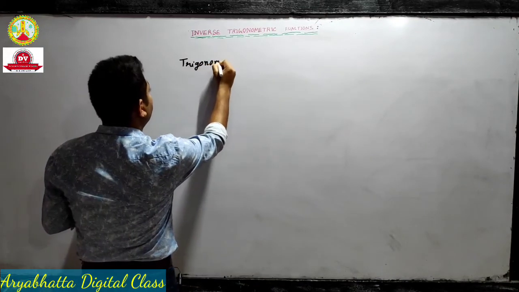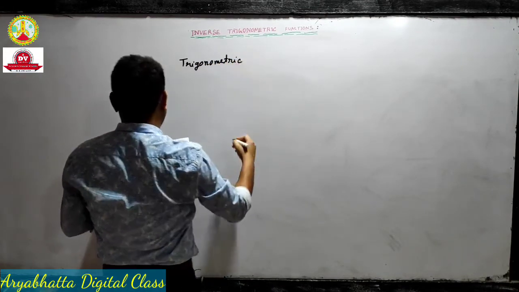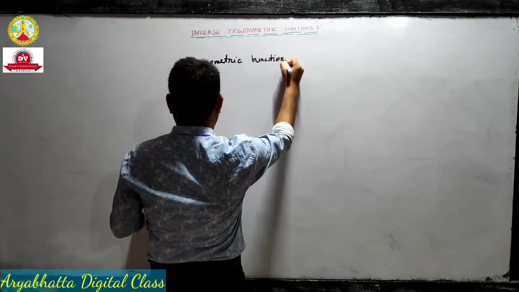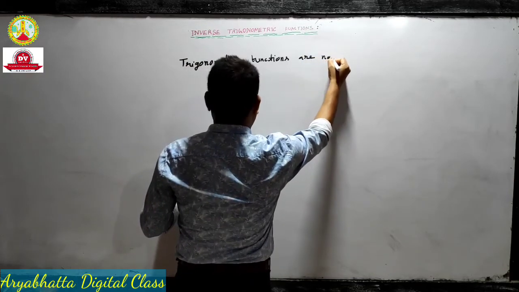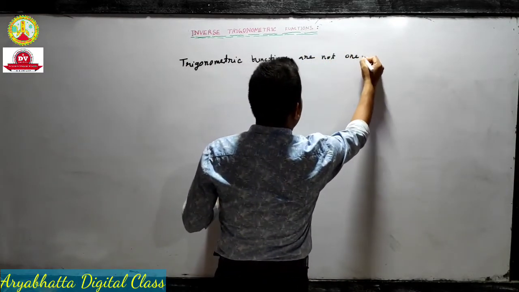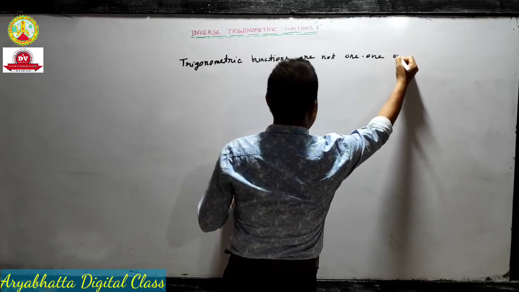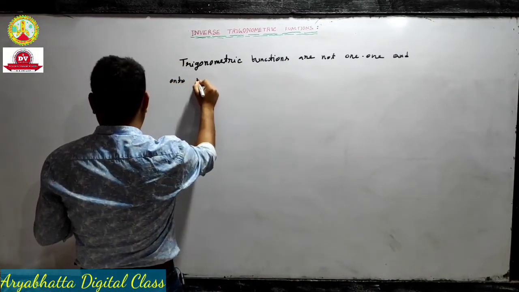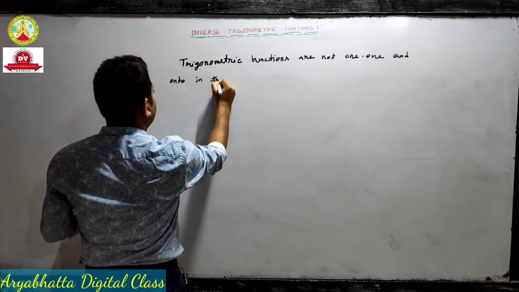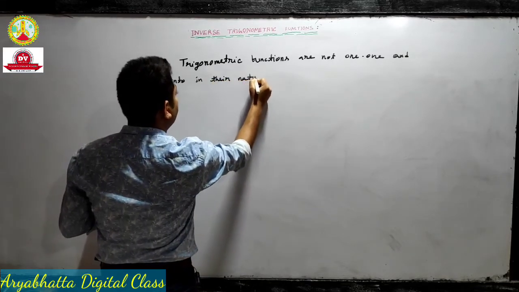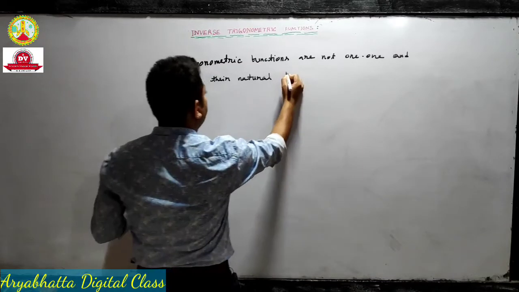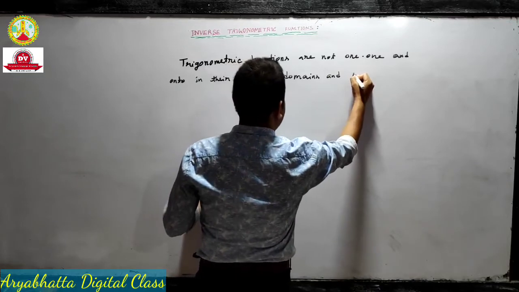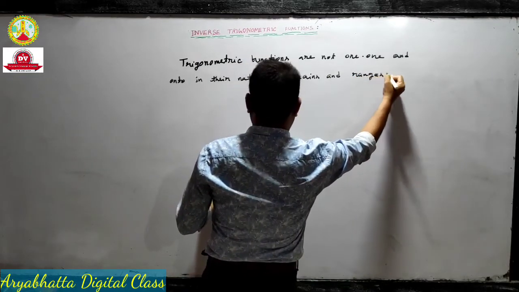Trigonometric functions are not one-one and onto functions in their natural domains and range.